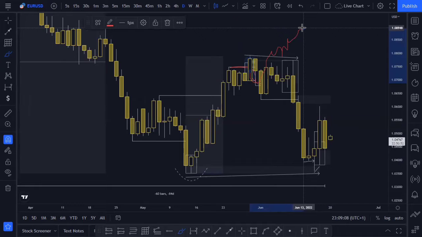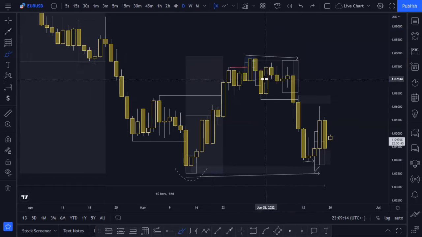But normally after a push phase, you get a pullback. So now we had this change of character, or shift in order flow. It's a daily change of character, or maybe shift in order flow. This was our range, and price broke a demand range.